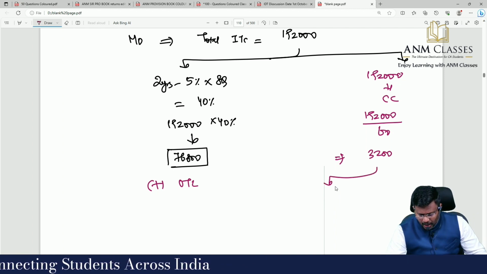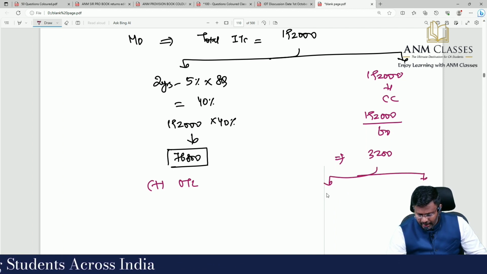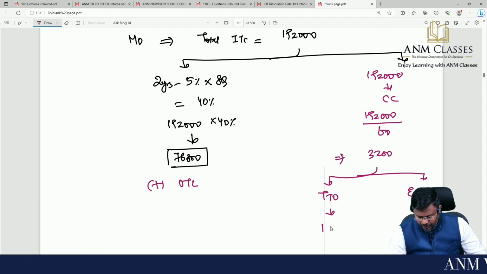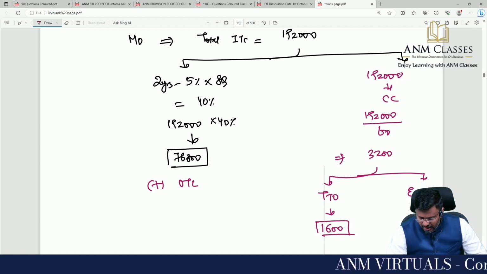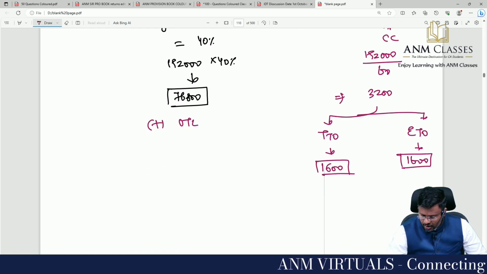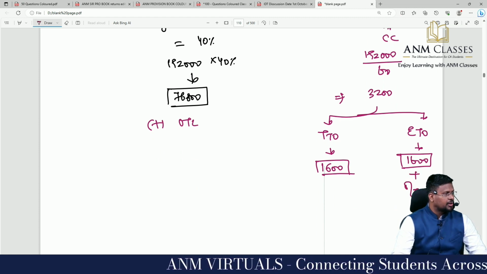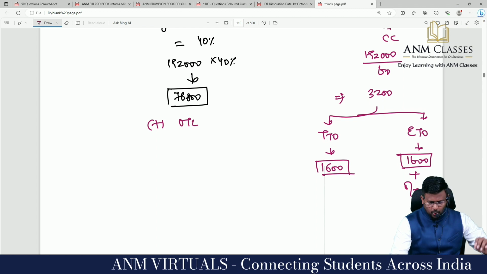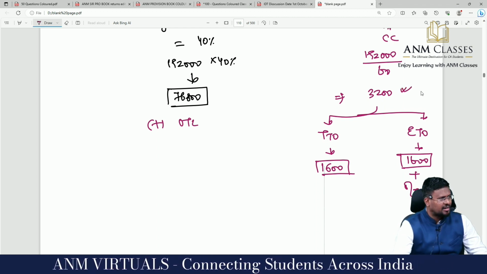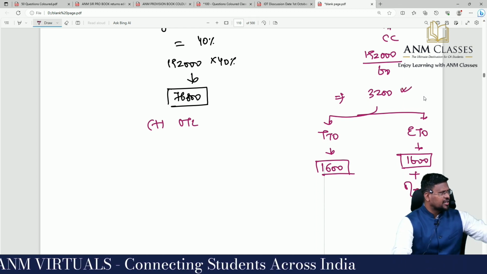This has to be apportioned based on taxable turnover and exempted turnover. Taxable turnover na 1,600 and 1,600. Sir, this 1,600 you will add to the output tax liability, because you are going to claim 3,600 as ITC for the particular month.